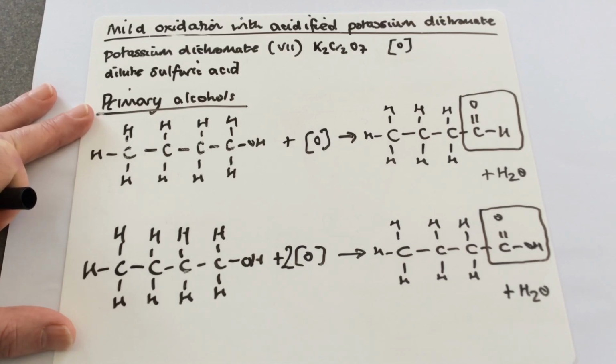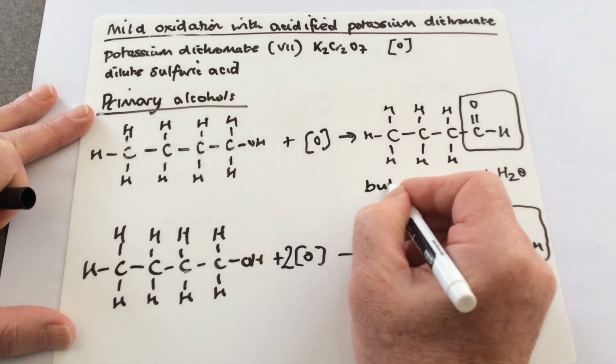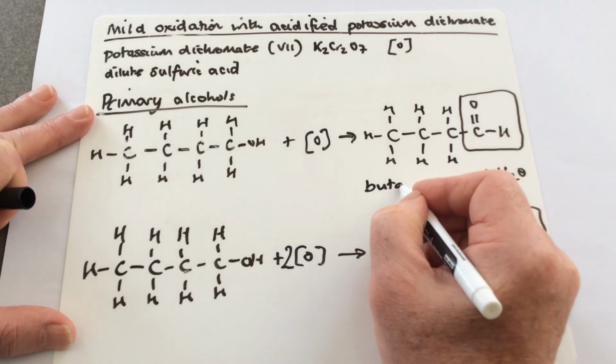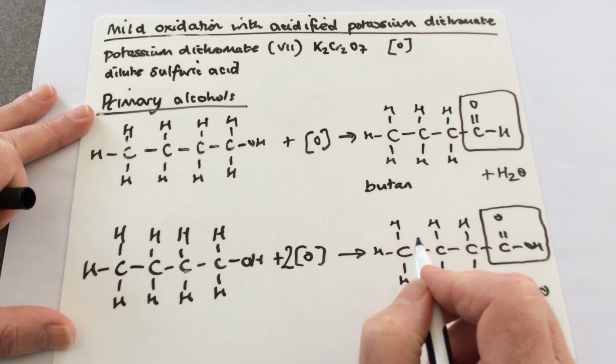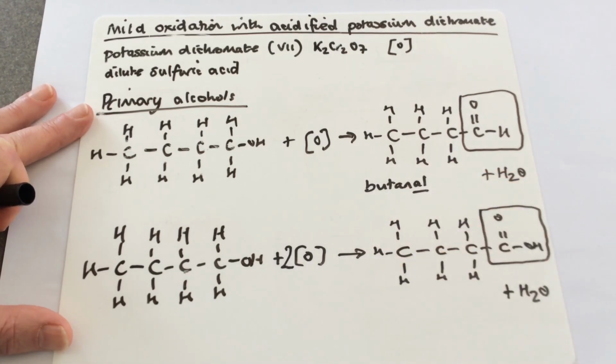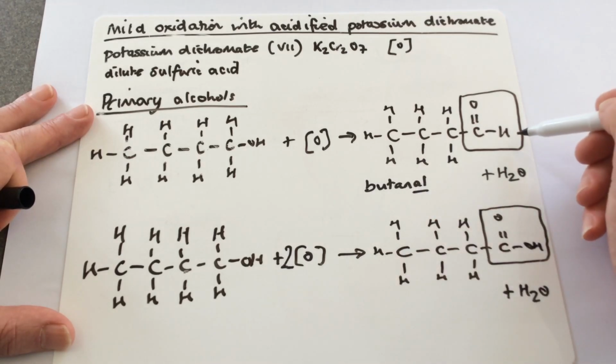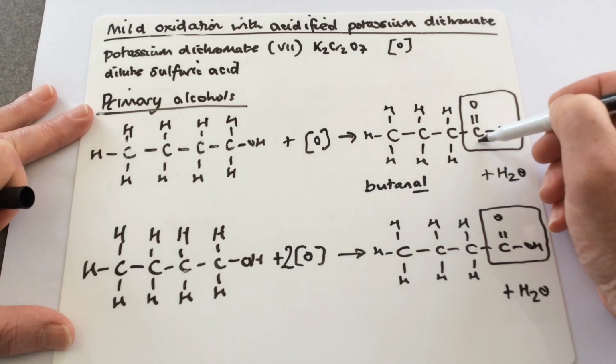In terms of naming these substances, this aldehyde is called but, 4 carbons, and all the carbon-carbon bonds are single bonds, al, for aldehyde. There's no number here because the aldehyde group is always on carbon number 1.